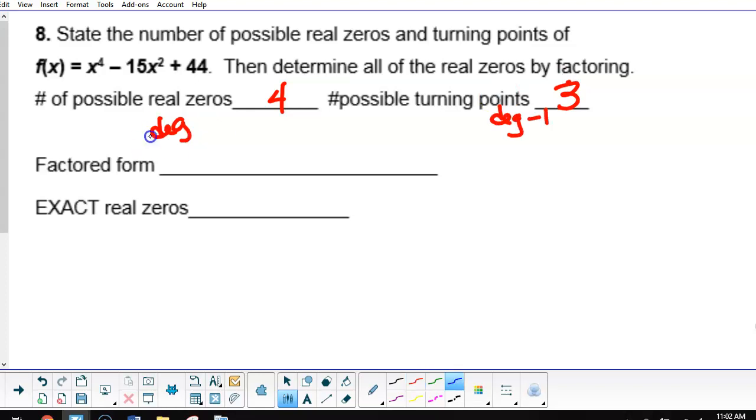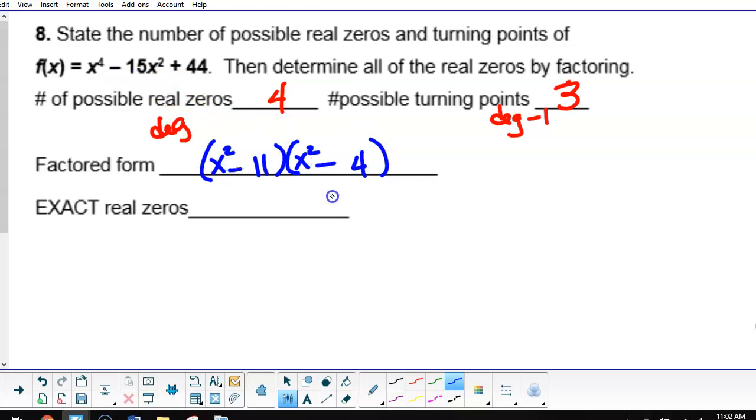Okay, moving on. Factors. I hope you remember how to do these. How does this thing factor? x squared and x squared. Good job. Factors of 44 that make 15. 11 and 4, and they would both be negative.